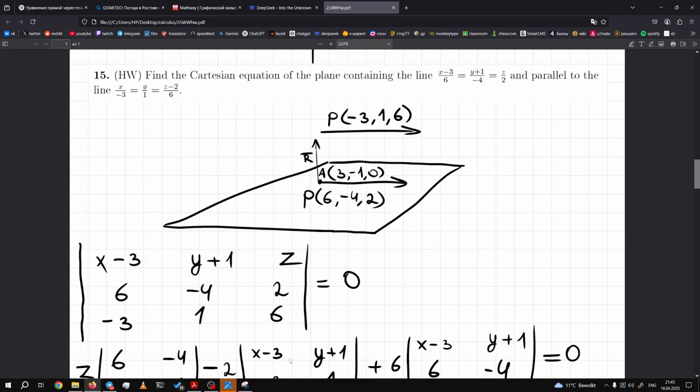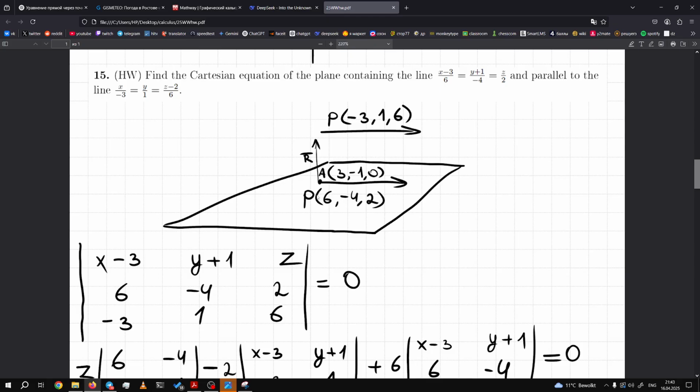So back to our problem. Find the Cartesian product of the plane containing the line and parallel to the line. Okay, we have a plane, and this plane contains this line. What does it mean that it contains this line? As you remember, these coefficients in the denominator are actually P1, P2, and P3.